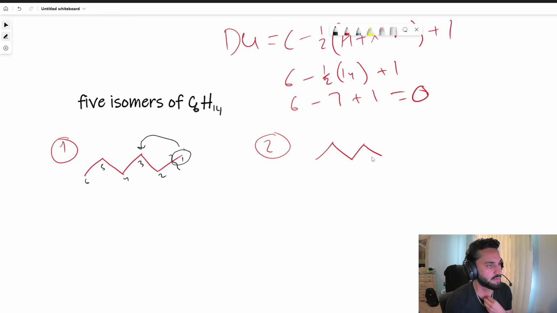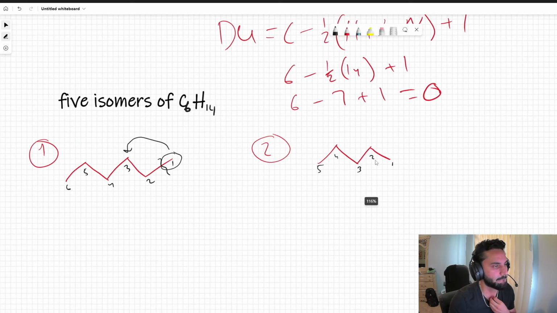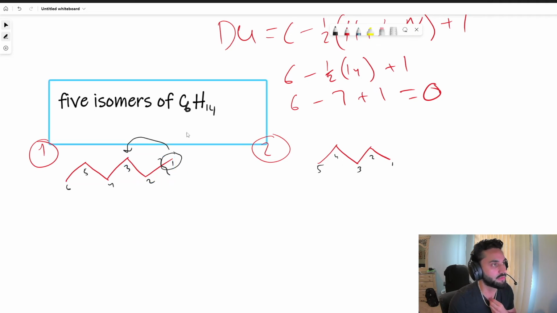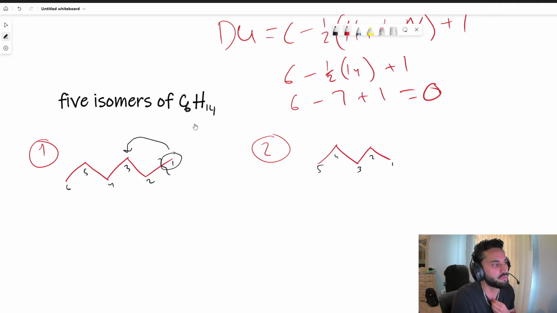Now it's 1, so I'm going to start numbering that. 1, 2, 3, 4, 5, and this carbon here was initially 3. Now it's 2, and I've moved carbon number 1 up to carbon number 3. So let me just draw carbon number 1 here. So here's our second constitutional isomer.